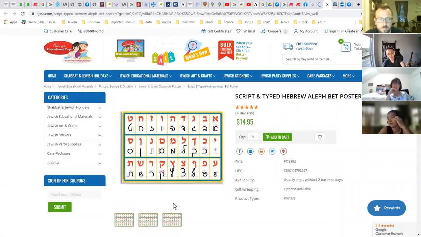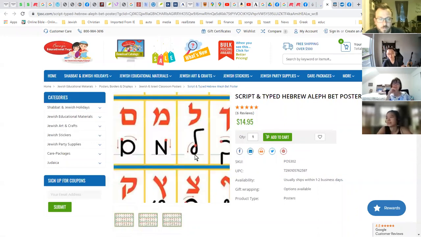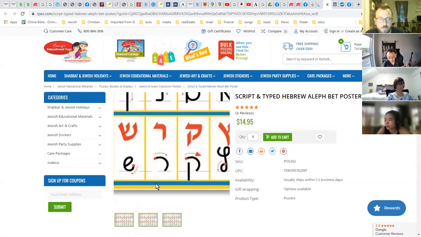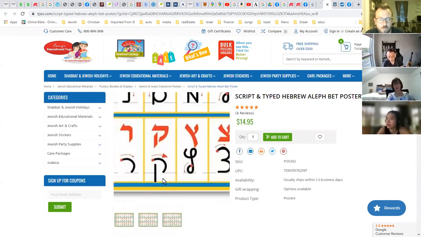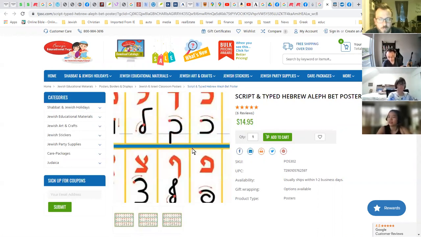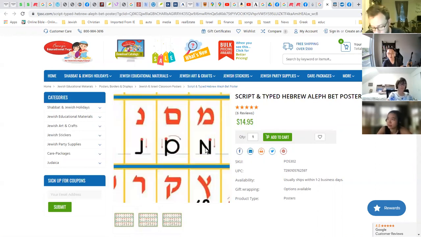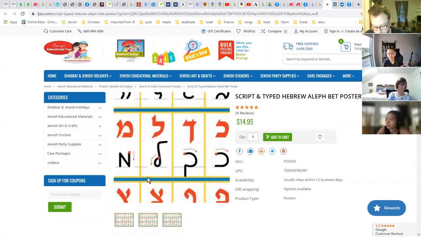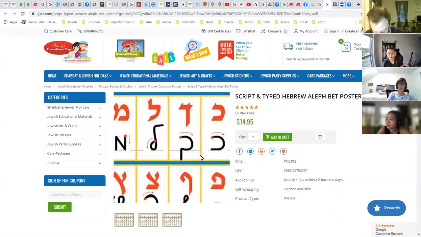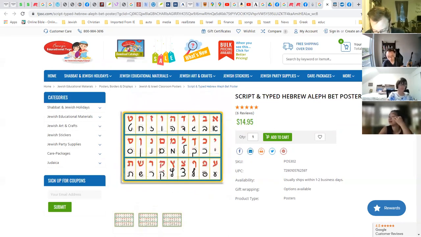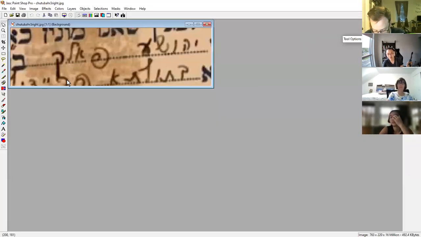Oh. You pronounce it with a U sound. Oh, no, just the letter. Okay. The kuf has a k sound. I thought the letter was called kuf. This one's kaf and this one's kuf. Right. So which letter is this here? It's kuf. Yeah. Okay.